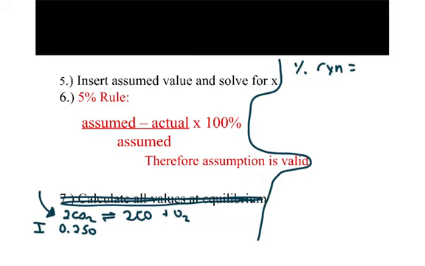But if I want to focus on one of the products, the one that makes more sense is going to be the CO, and that's because they're both a 2-to-2 relationship. That makes the stoichiometry easy, because if I have 0.25, I should be able to get 0.25. Because the coefficients are equal, the actual concentrations are also going to be equal. So that's why I chose that value, which means when I'm choosing the concentration at equilibrium, I'm also going to be choosing the CO.